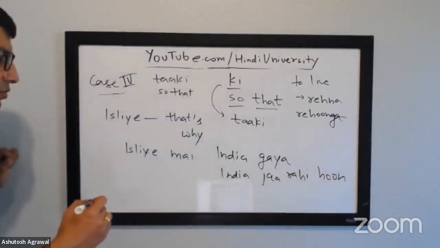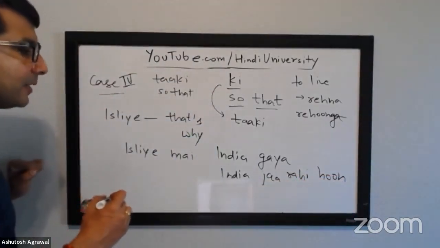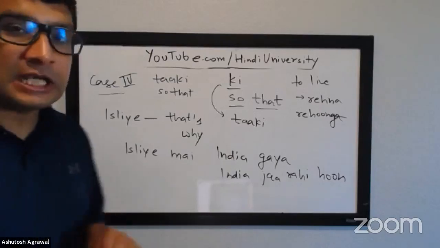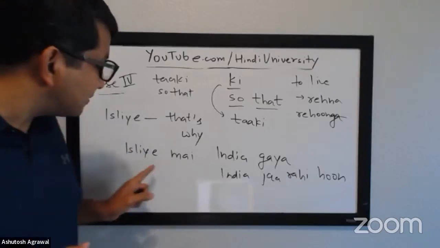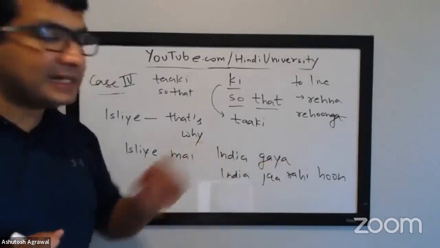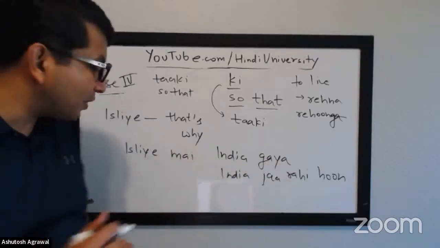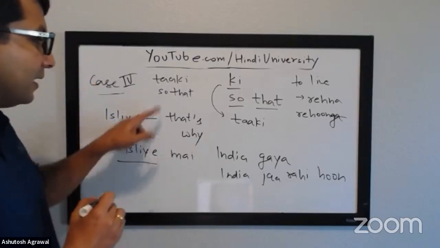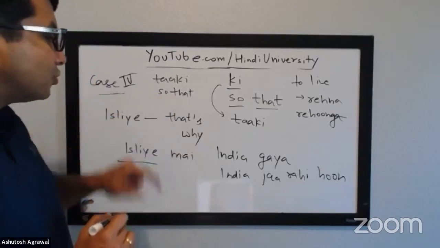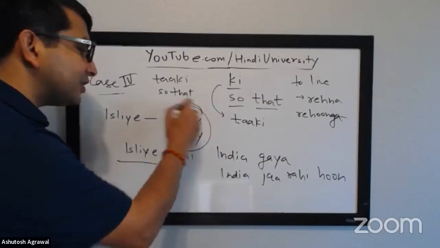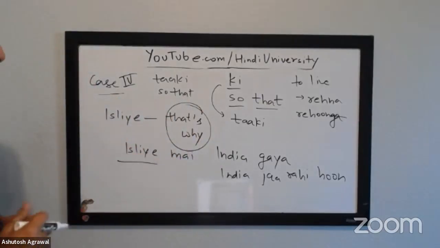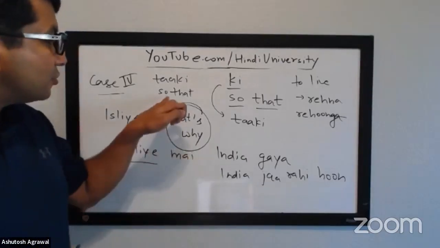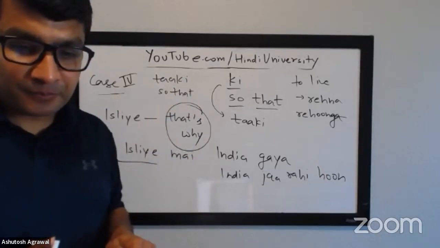Okay, so let's say you want to say there is a wedding in January. That's why इसलिए मैं इंडिया जा रहा हूँ और मैं जा रही हूँ, because of that. Okay, this is different than "so that". It's just like in English, right? In English also you will say "that's why I'm going home". You're not saying "so that I'm going home".